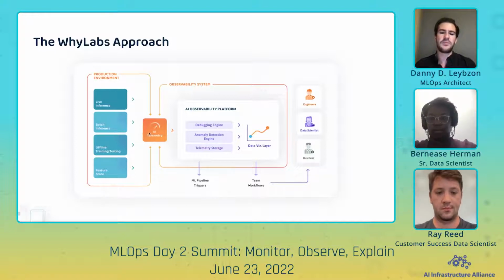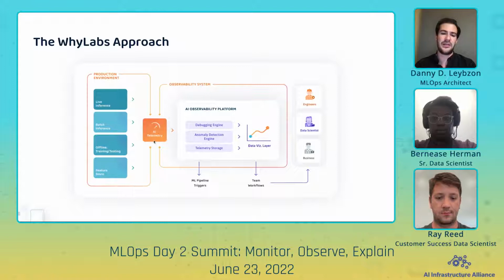And then in order to be able to monitor that production environment, you need to have some kind of telemetry application, this AI telemetry square in this chart. Then what that telemetry does is it allows you to bridge the gap between the production environment and the observability system you have, some kind of AI observability platform that gives you an anomaly detection engine to tell you when something's wrong, that gives you a debugging engine so that you can understand what's wrong and solve it, that can be used by your data scientists, your machine learning engineers, and can even trigger ML pipelines to retrain models or roll back data pipelines to previous versions.